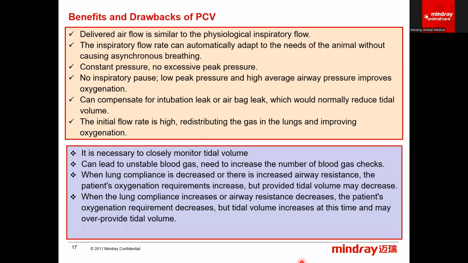So some of the benefits for pressure controlled ventilation: the airflow is delivered in a similar way to physiologic inspiratory flow. The inspiratory flow rate can automatically adapt to the needs of the patient. So your patient is less likely to have those air hunger signs and try to breathe around the ventilator.